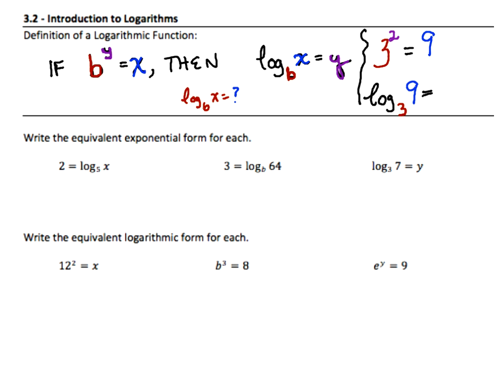So when you see this log base 3 of 9, it's asking the question, what can I raise the base 3 to give me 9? And so the answer there is 2. So I can write any exponential equation in logarithmic form. So that's what the first examples have us doing, just flip-flopping between the two forms. So this should be pretty quick and easy for you.